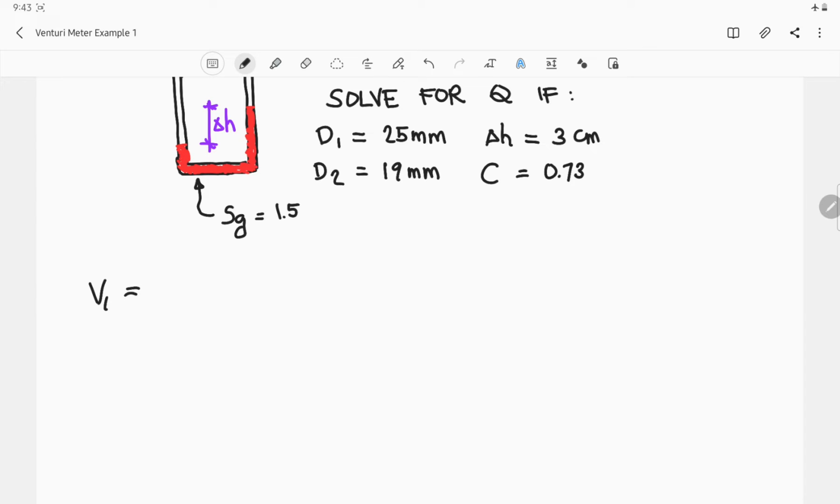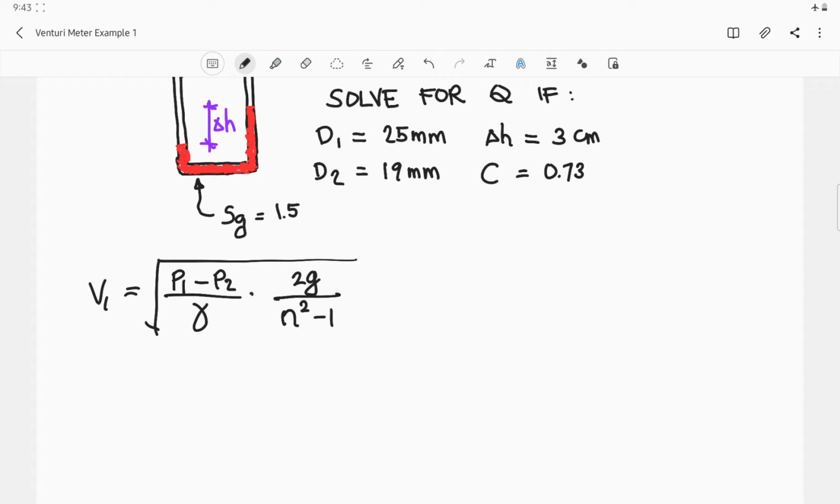It is the square root of P1 minus P2 over gamma times 2g over n squared minus 1. So in this equation, the only unknown is P1 minus P2.